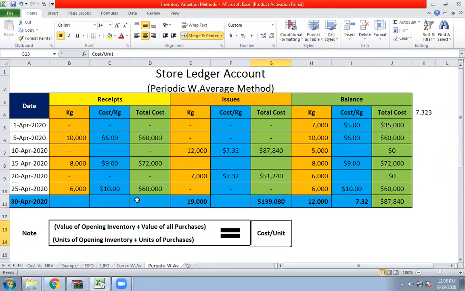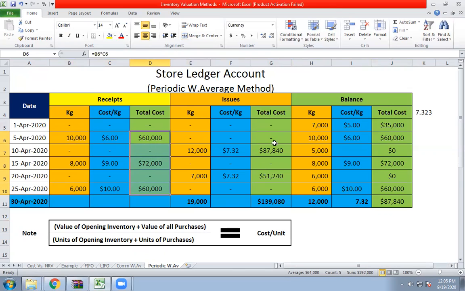Periodic weighted average, as it is known by its name, we calculate a cost per kg for the whole period. Once we calculate this cost per kg, we will issue the material at the same cost. How shall we calculate this? You can see we will add value of opening inventory plus value of all purchases, means 35,000 is the value of opening inventory and 192,000 is value of all the purchases.